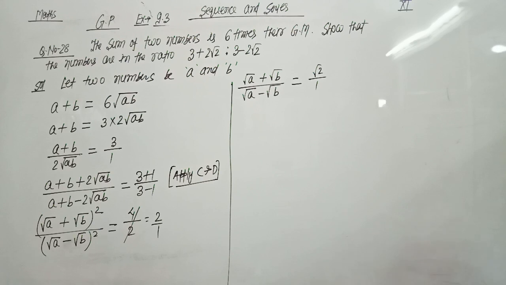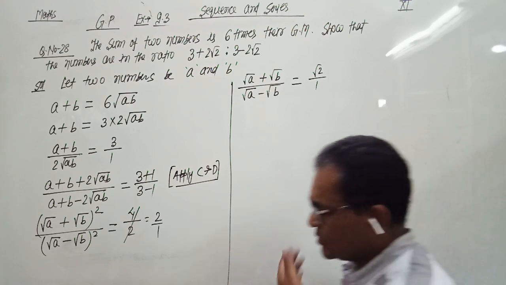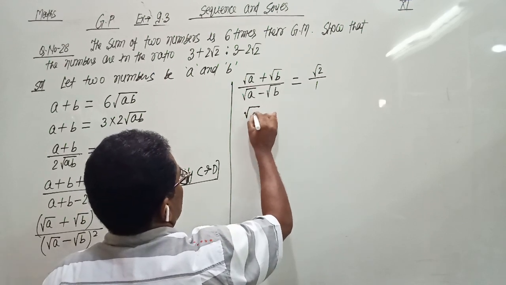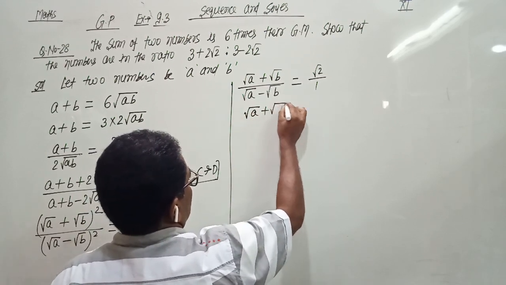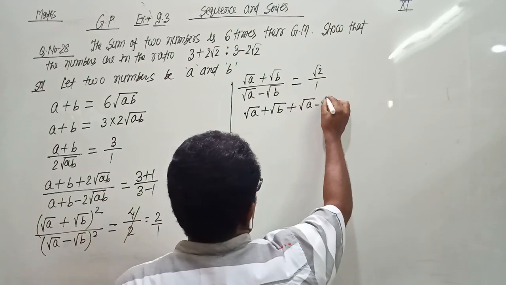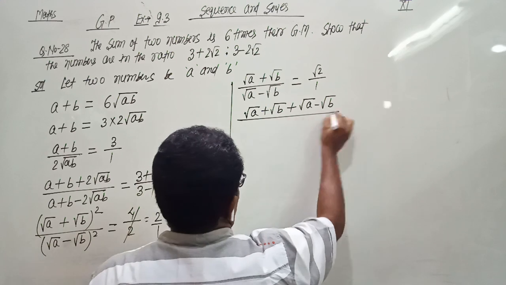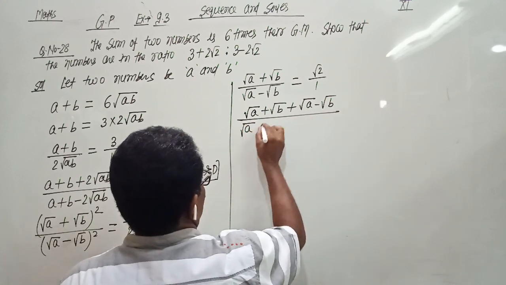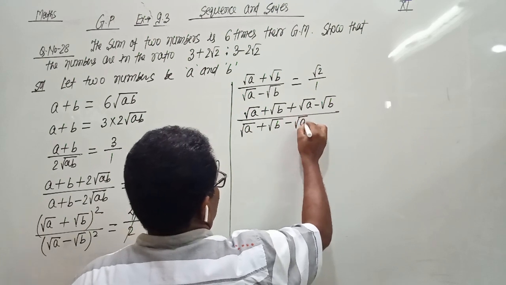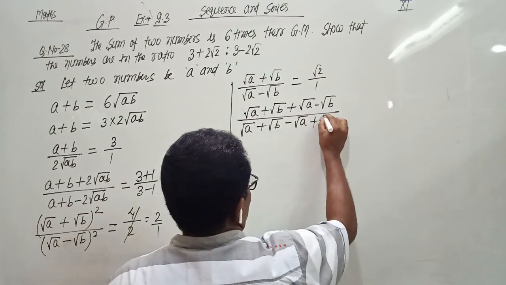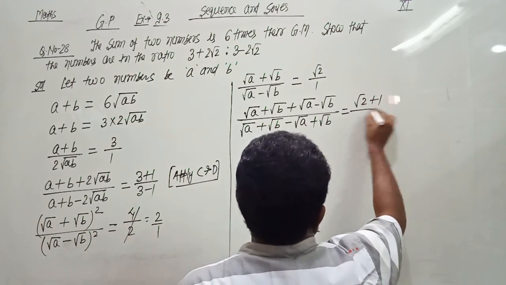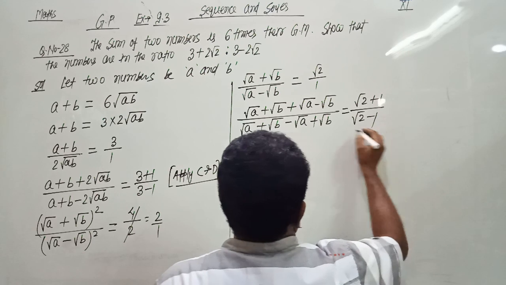Now again apply componendo and dividendo. Same concept used again. So under root A plus under root B plus root A minus root B upon under root A plus under root B minus root A plus root B equals under root 2 plus 1 upon under root 2 minus 1.